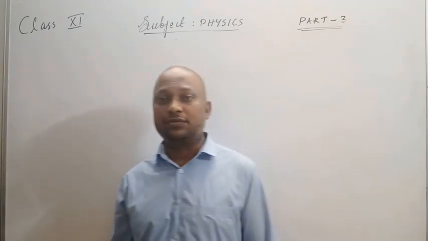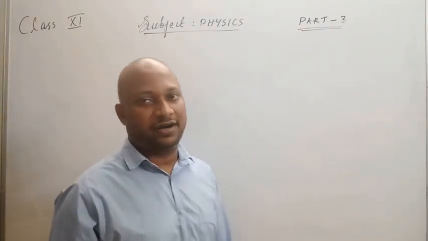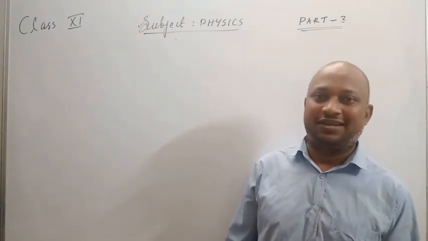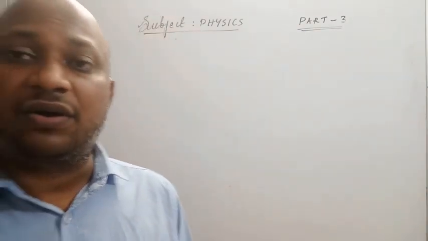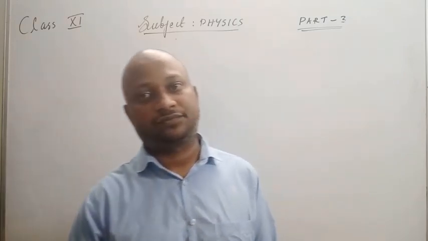There are some rules like ILATE, and some order of integration, which function you take as the first function when you multiply. All those things we are not going to learn right now, because that's not necessary in physics.